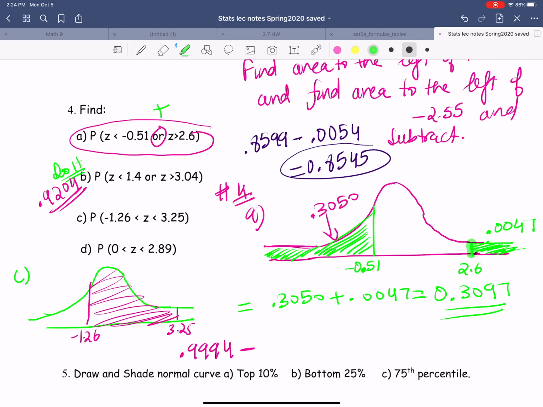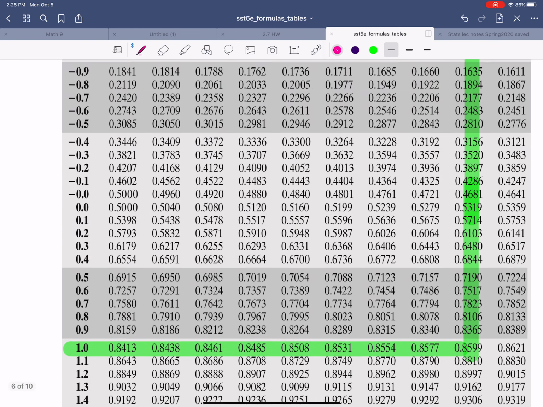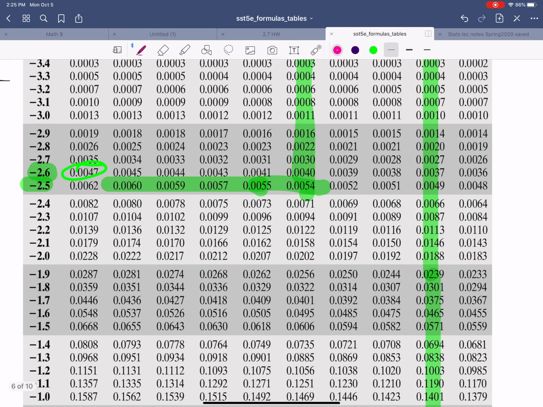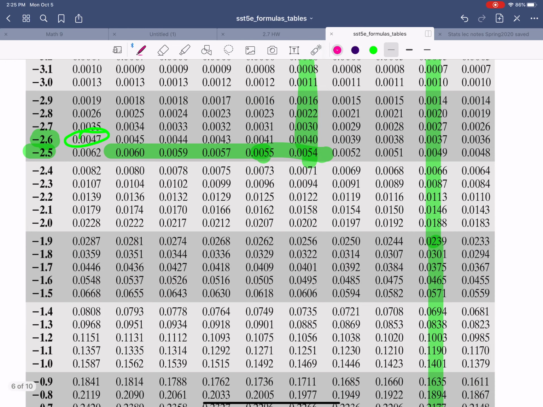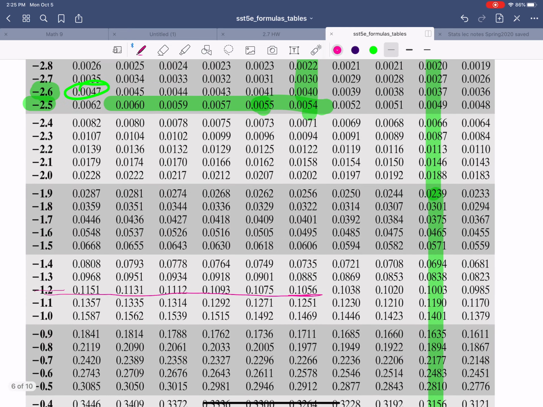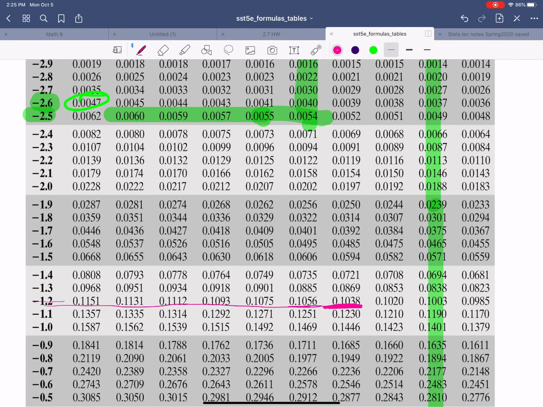This is all the area to the left of 3.25, but we want to subtract the yellow highlighted area, which is the area to the left of negative 1.26. Again, go back and look at the table. Negative 1.26 leaves me with, nope, 0.1038.